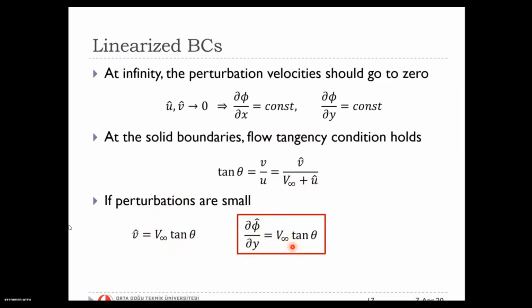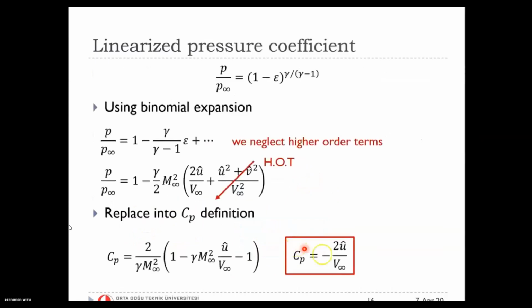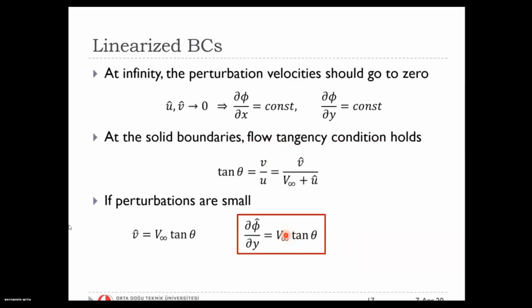When you apply these boundary conditions and get a solution for phi hat, then you can easily calculate u hat and v hat, and once you know u hat, then you can calculate the pressure coefficient as shown here.